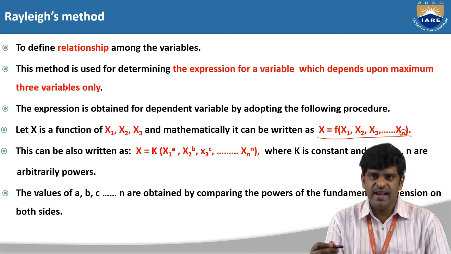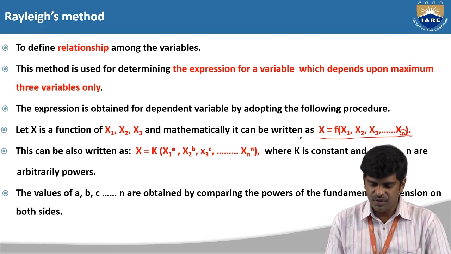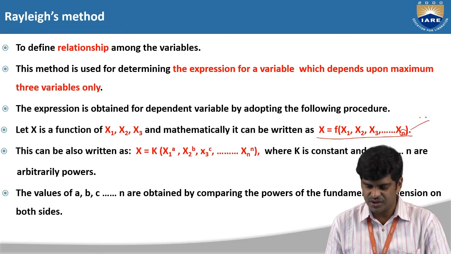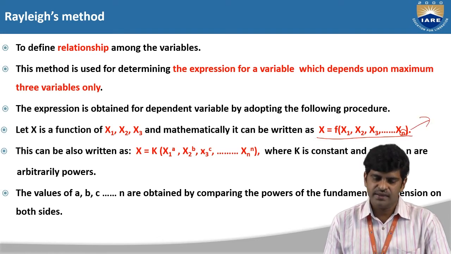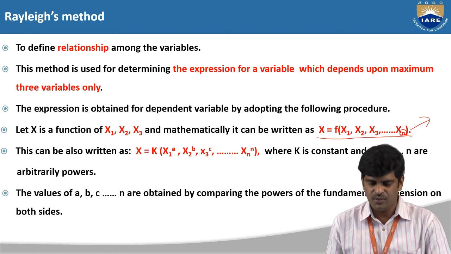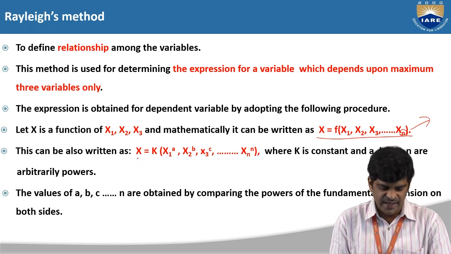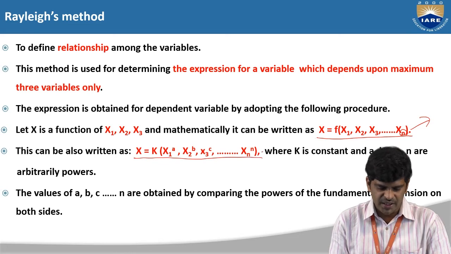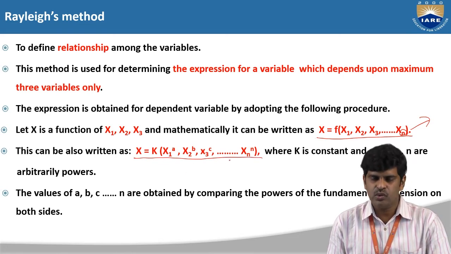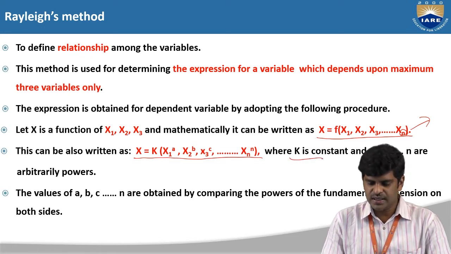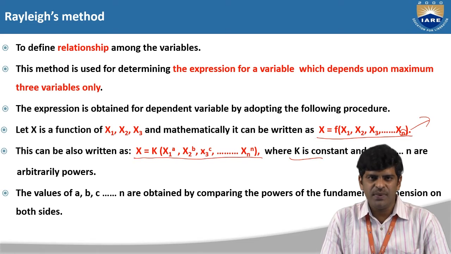Now, according to the Rayleigh's method, this function, which is a combination of both the dependent and independent variables, can be expressed as x is equal to k into x1 to the power of a, x2 to the power of b, x3 to the power of c, and so on, xn to the power of n, where k is a constant and a, b, c are arbitrary powers.